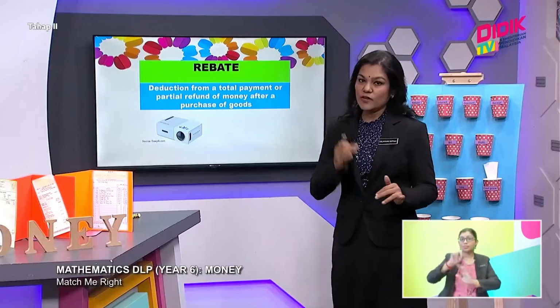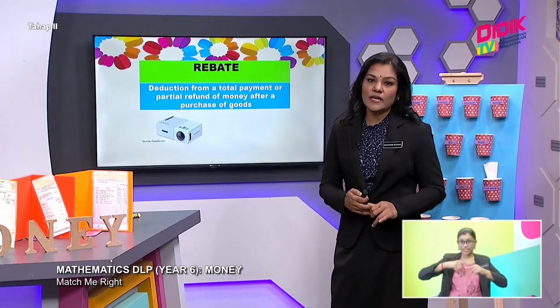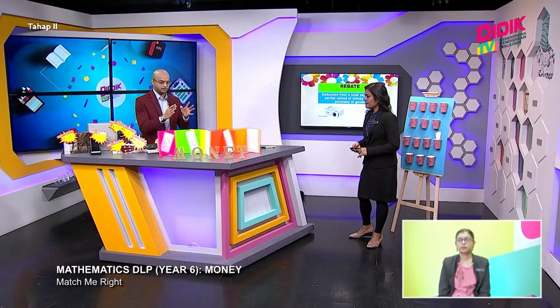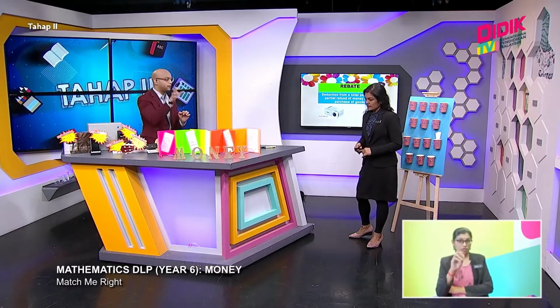Meanwhile, for discount, you have to find how much is the percentage, and only then deduct from the total amount that you have to pay. You got it, Sean? So discount is always shown in percentage form, but rebate is directly the amount. Yes, both are deductions from the total amount that you're supposed to pay.